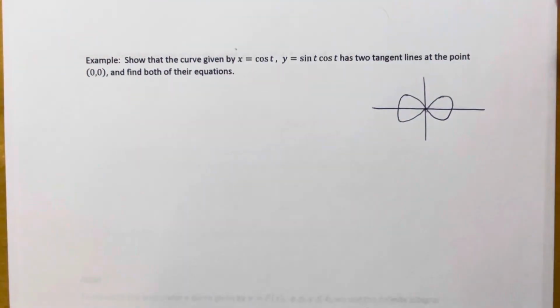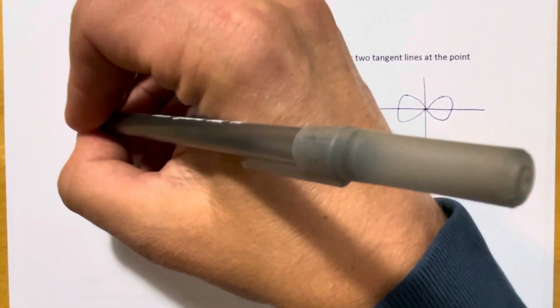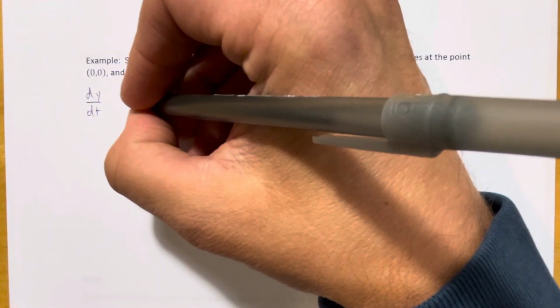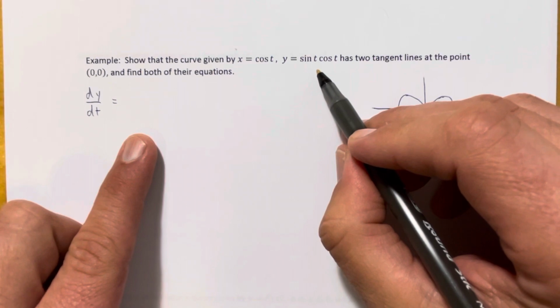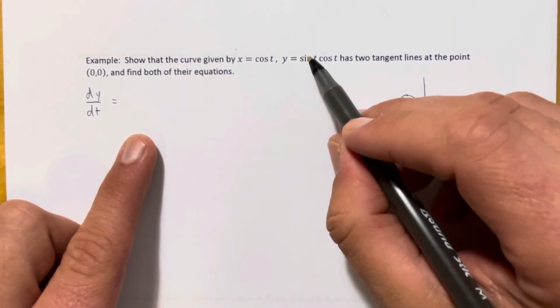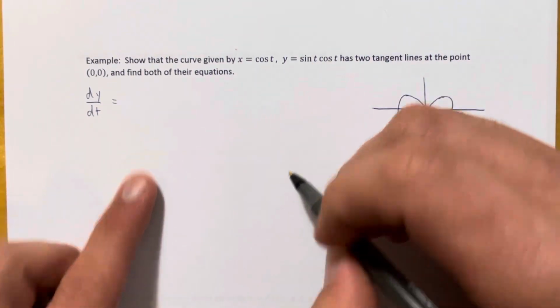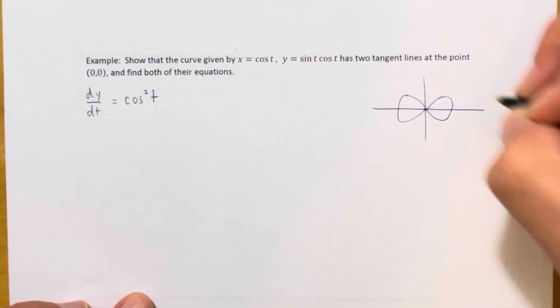To do that, we're going to find dy dx, which we saw requires us to know dy dt and dx dt. So what is dy dt? Well, dy dt is the derivative of this with respect to t. I would need the product rule. So the derivative of the first times the second would be cosine times cosine, or cosine squared of t.